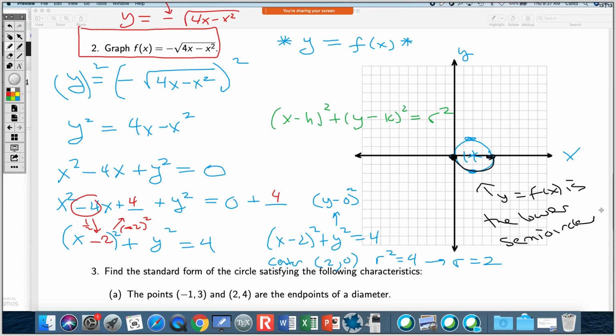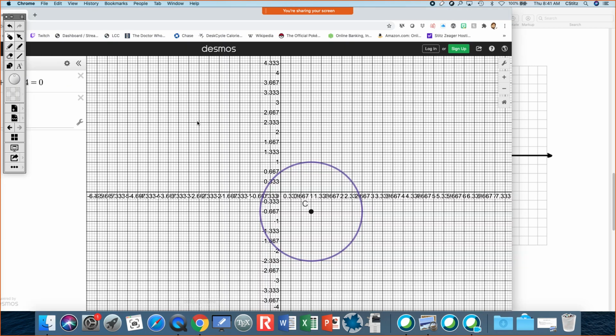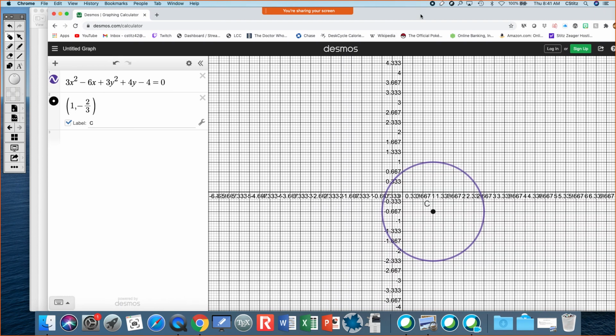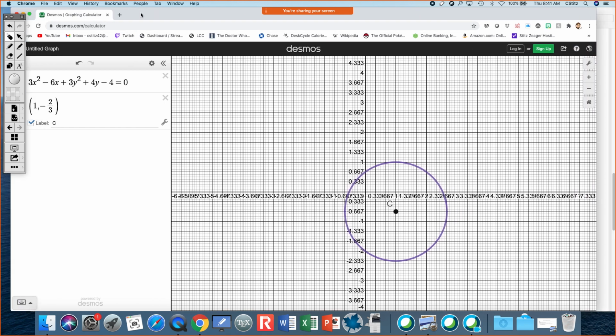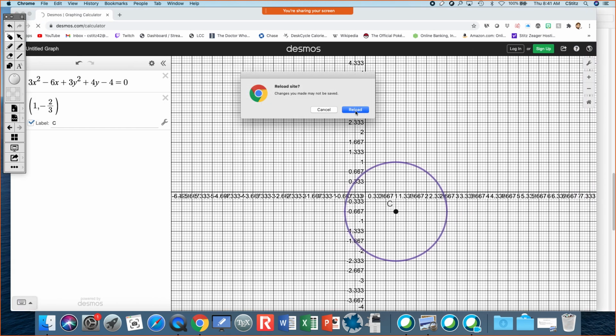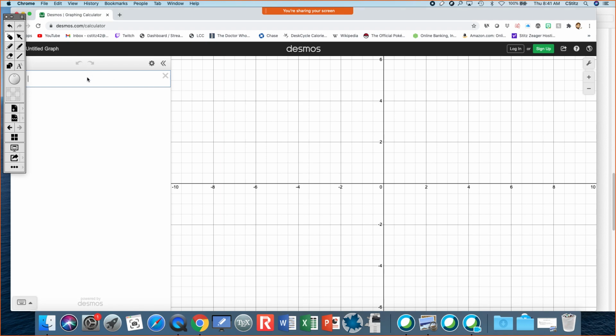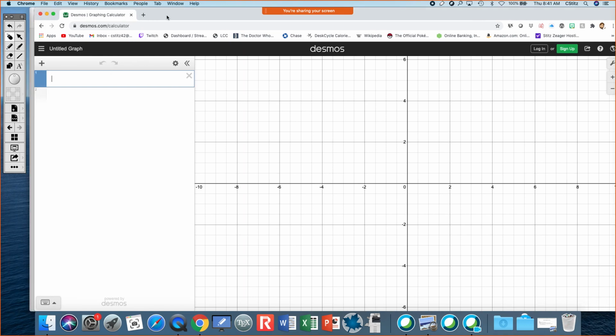And once again, we can check this on Desmos. Let's get to a clean screen here. So let's check x minus 2 squared plus y squared equals 4.